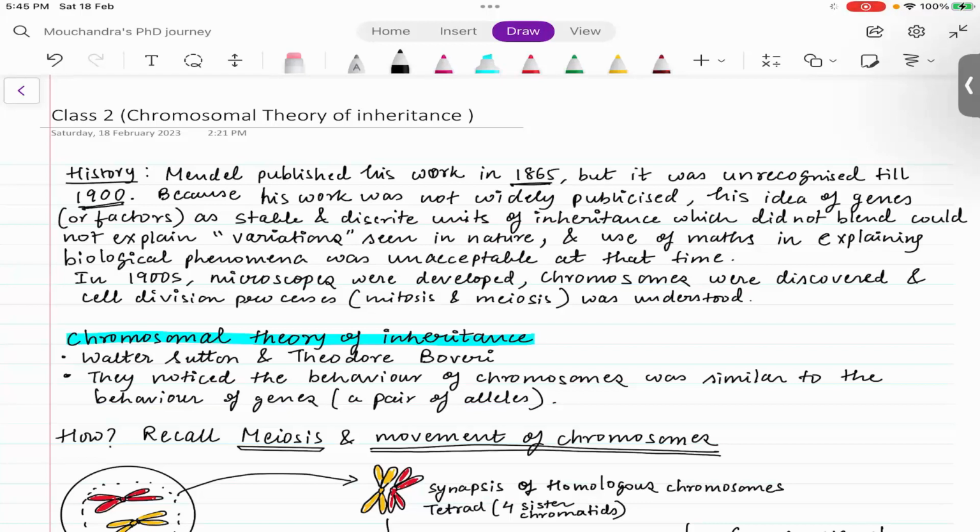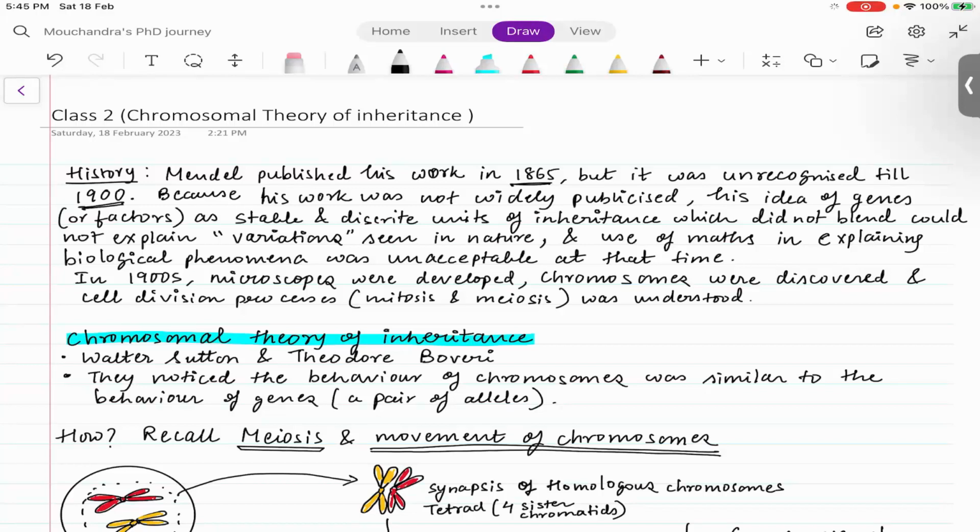The parents and the offspring do not look exactly the same, and different siblings look different from one another. From where is this type of variation arising? His work didn't explain that. Also, it was not acceptable at that time for biologists to use maths or mathematical techniques in biology. They didn't like it.